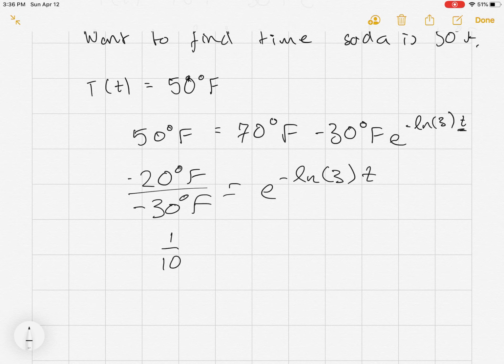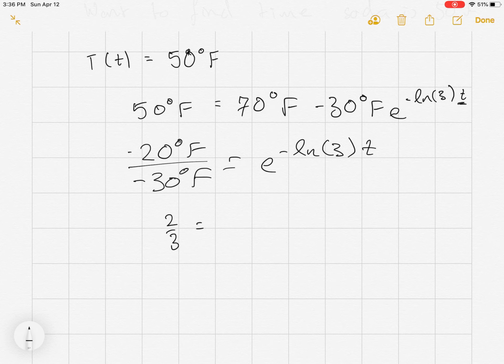So we're going to get 1/10. What am I doing? I don't know why I just said that. Oh my gosh, I'm messing up all over the place. All right. So we're going to get our 2/3 over here. And we can simplify our e to the negative natural log of 3t, right, is actually just going to be 3 to the power of negative t, right?